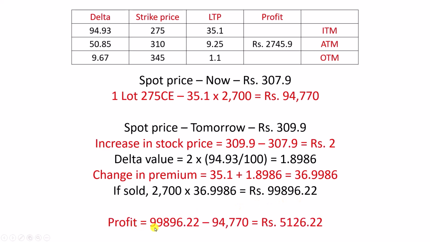So profit would be this one minus this one. This is how much I get back after selling. This is how much I had paid. So the profit would be 5126.25 rupees. See the difference here?